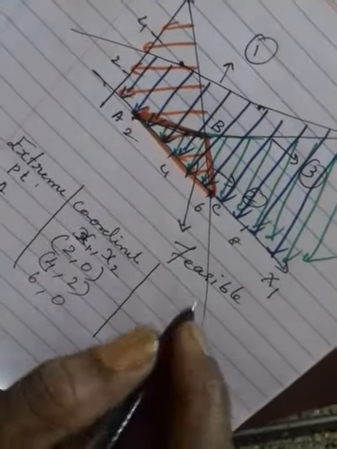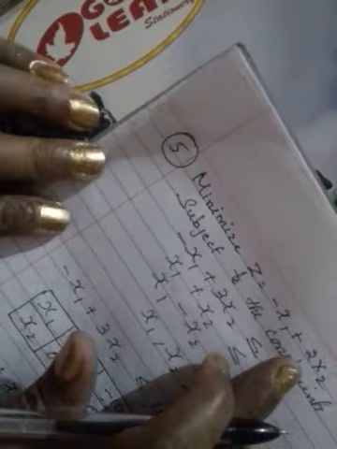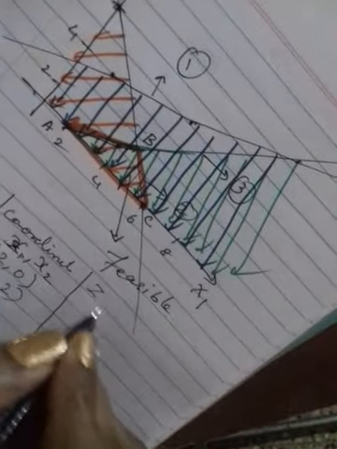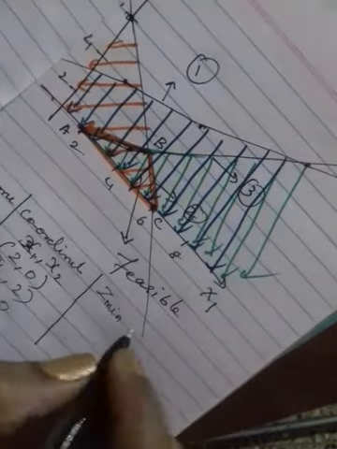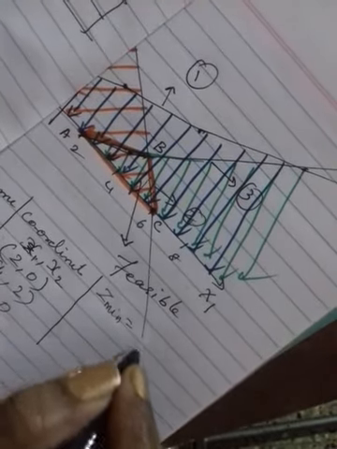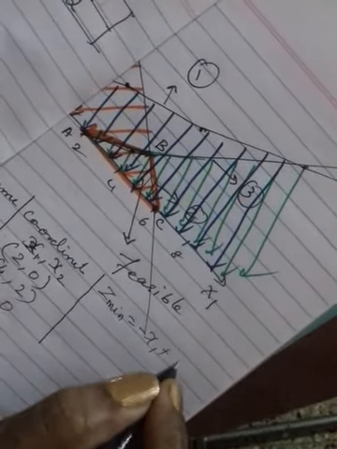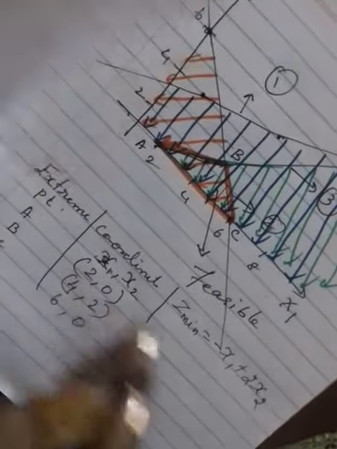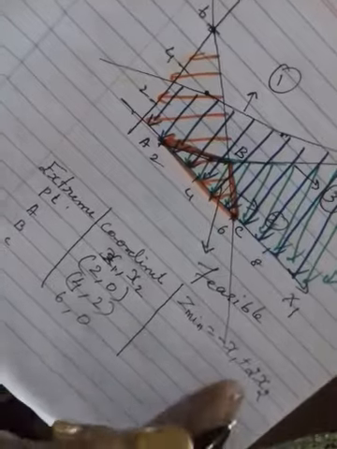Okay, now the problem is a minimization problem. So the given objective function is in minimization. Write down the equation here. Z minimum is equal to minus x1 plus 2 x2. Okay, substitute this 2, 0 here.